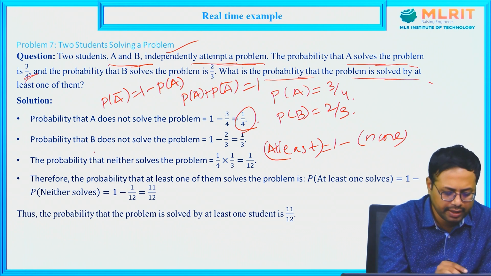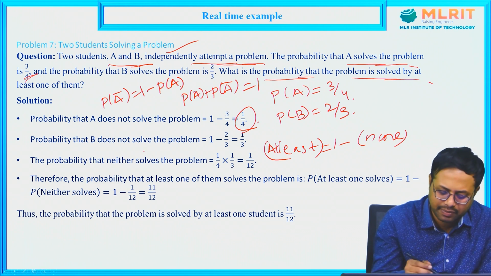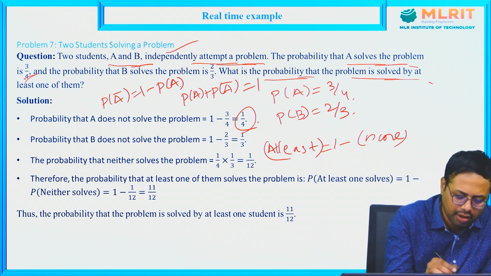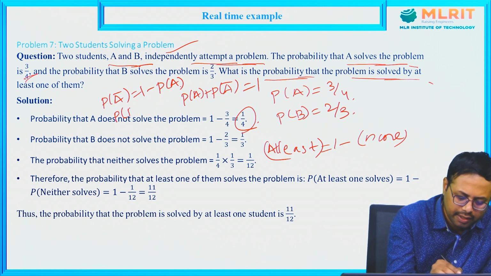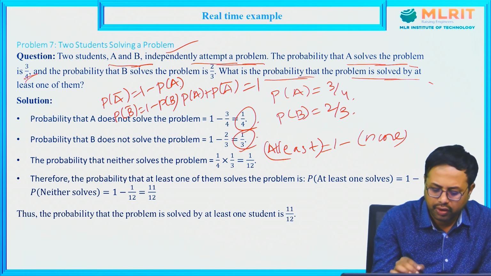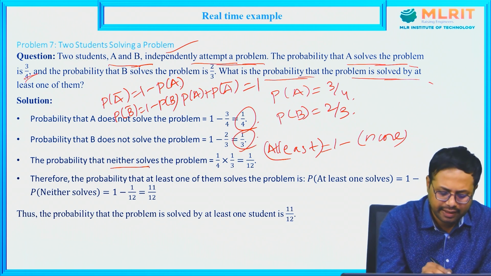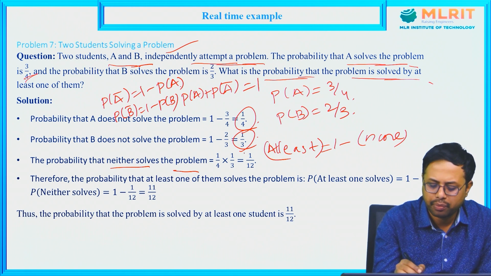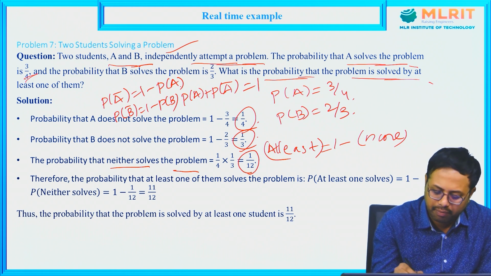Similarly, P of B bar is equal to 1 minus P of B, which gives 1 by 3. Now the probability that neither solves: we take the product and get 1 by 12.